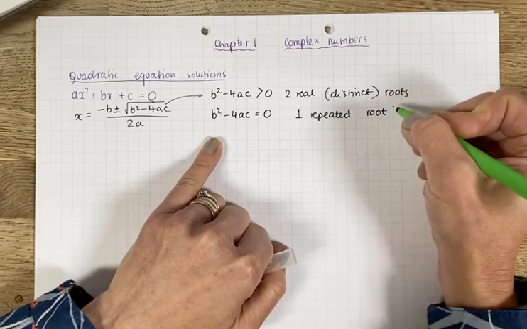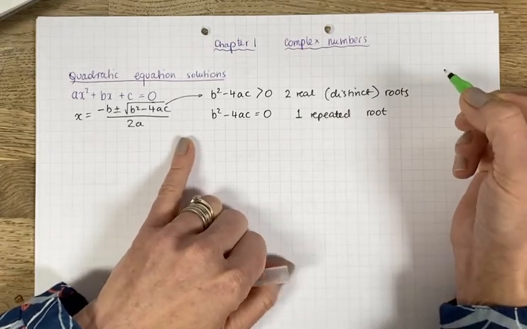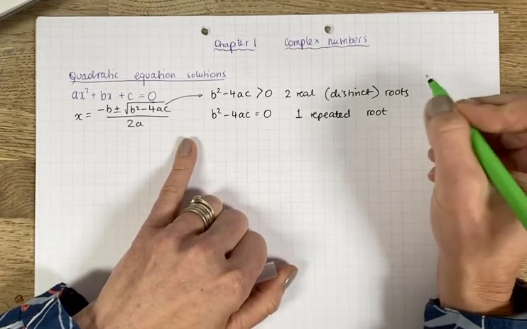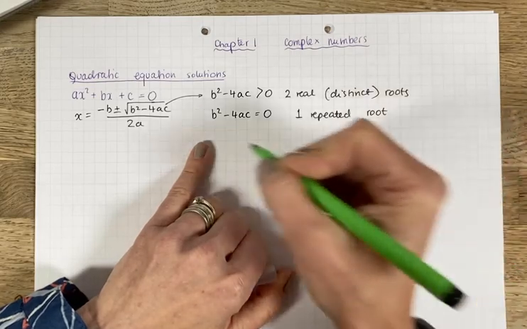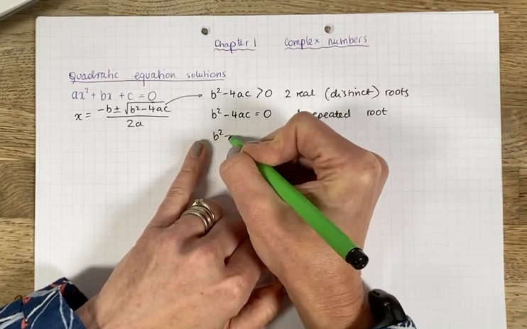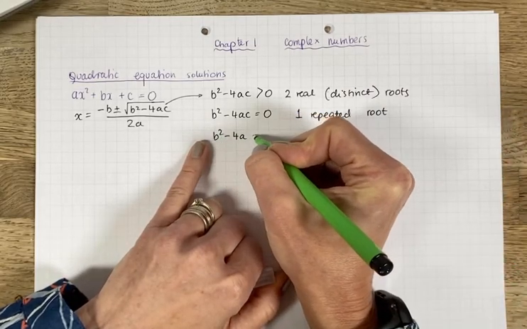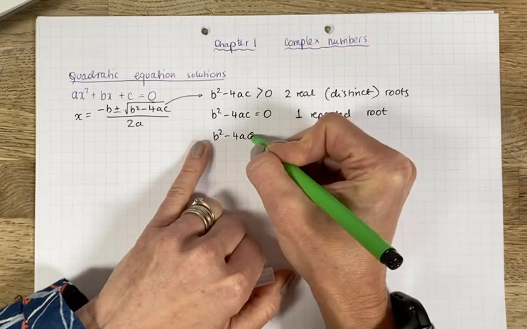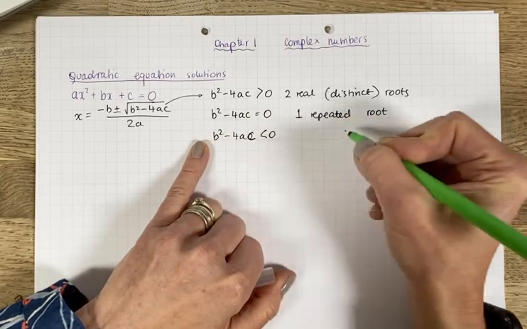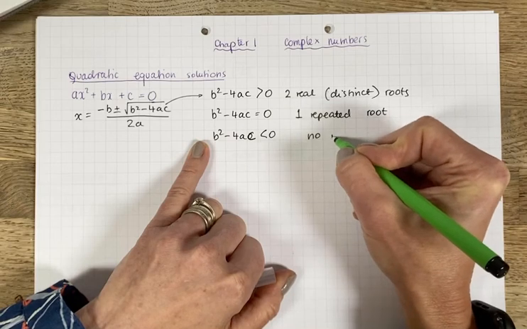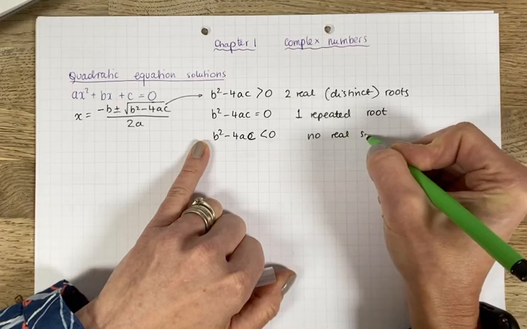Okay, so I'm saying repeated. If you were to factorize that quadratic, you would have two of the same solutions from both brackets. And finally, if you've got b squared minus 4ac being less than 0, then you have no real solutions.